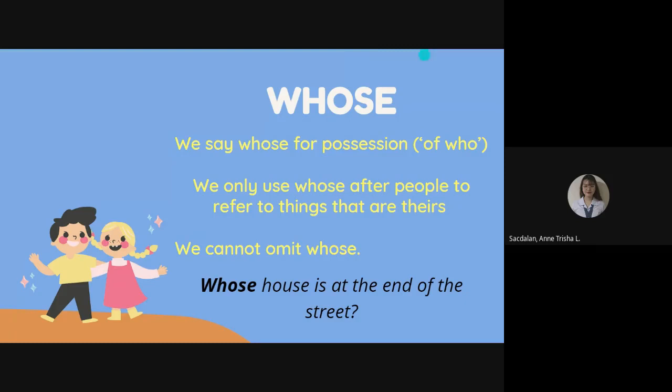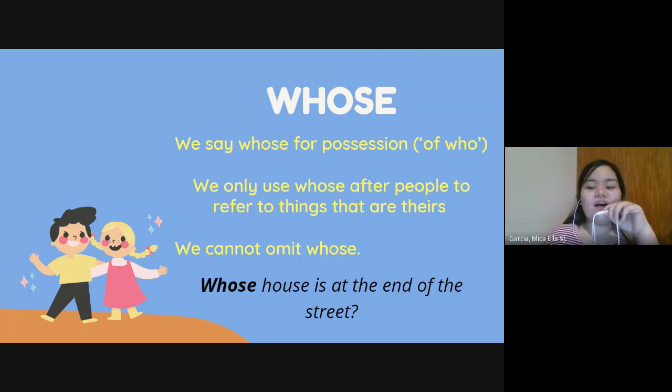We cannot omit whose. All right, very good. And again, whose is used if we are referring to a thing that belongs to someone. So it is used to show possession. We only use whose after people to refer to things that are theirs.